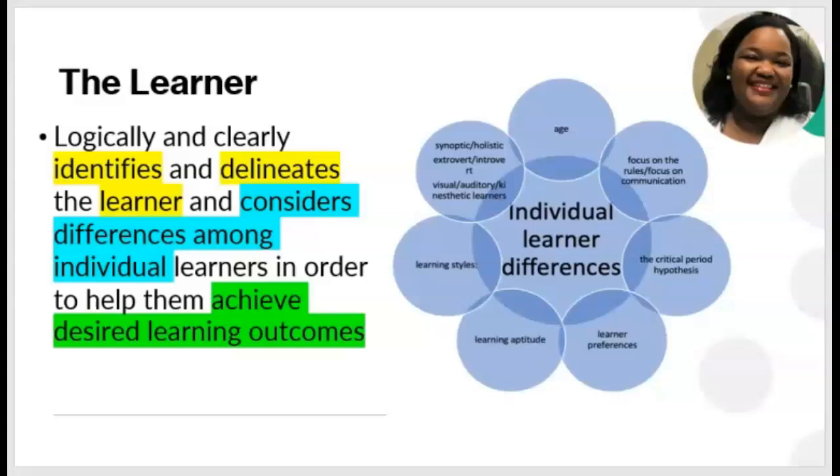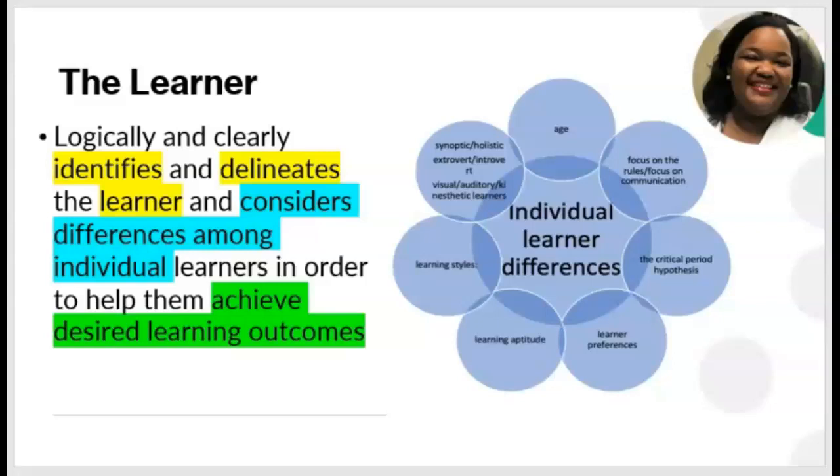The schematic to the right here is just simply possibilities of learner differences that you may encounter. Age, communication differences, critical period hypothesis, what they think about the content and how critical it is to actually learn this information, learner preferences, the learner's aptitude, the learning styles, their overall demeanor.